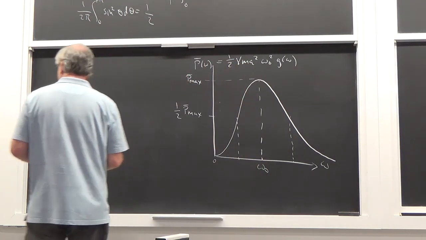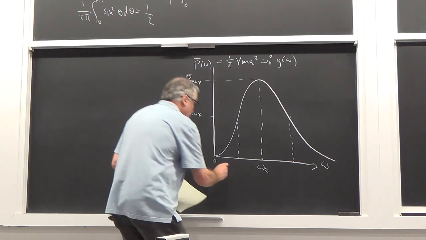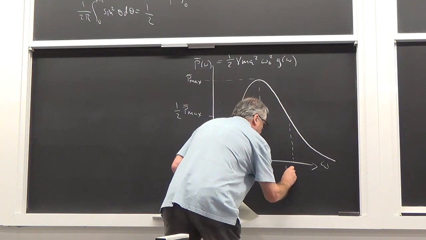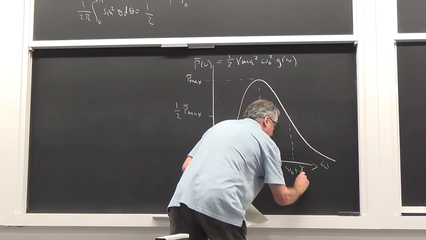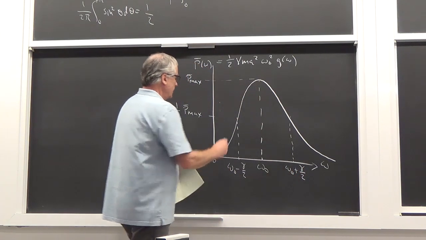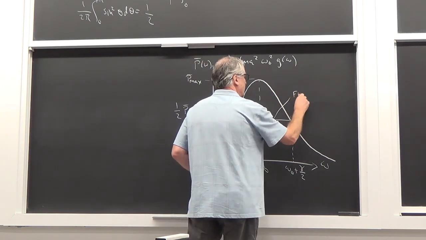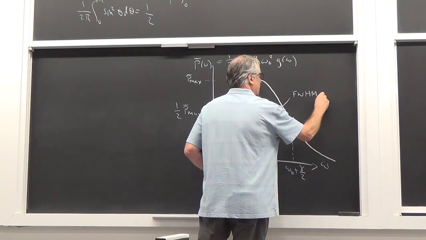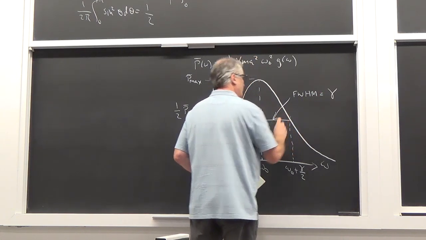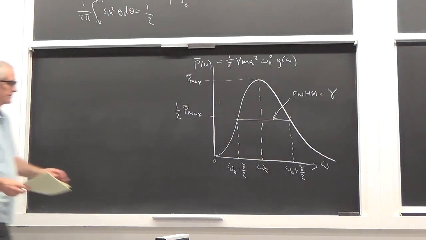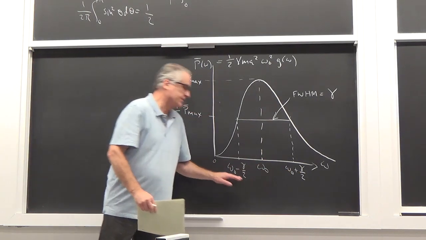And these points are omega naught minus gamma over 2 and omega naught plus gamma over 2. Those are the frequencies. And so this full width at half max is just equal to gamma. This minus this is just gamma.